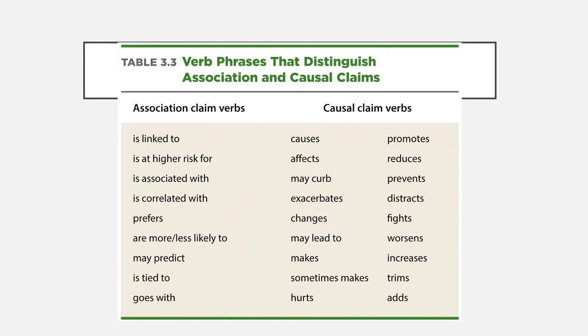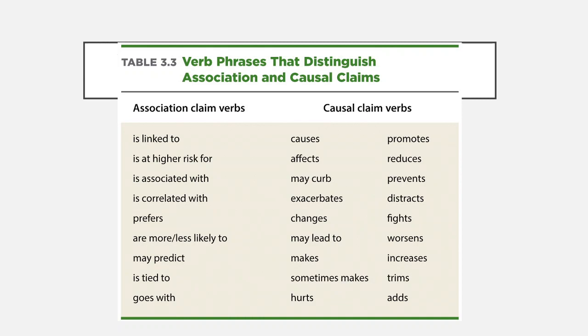Unless you're doing an experiment, I would caution you to avoid causal claim verbs like causes, affects, exacerbates, promotes. This sort of language communicates to the reader that you did do an experiment, so it's important that that language is reserved for experimental designs that merit causal claims.